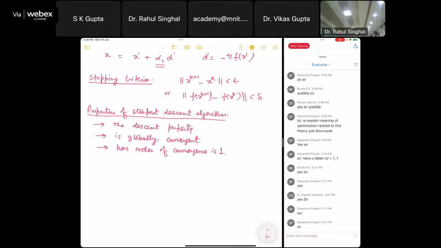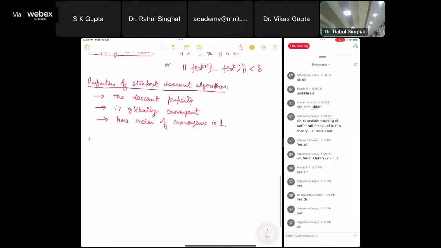So now, is there any other method available by which we can solve such problems? Yes, we have some other methods also, and one of the methods is Newton's method. So what is Newton's method?